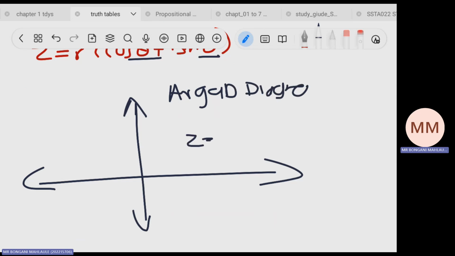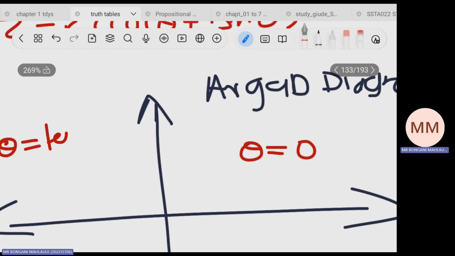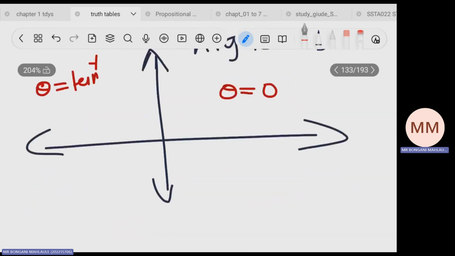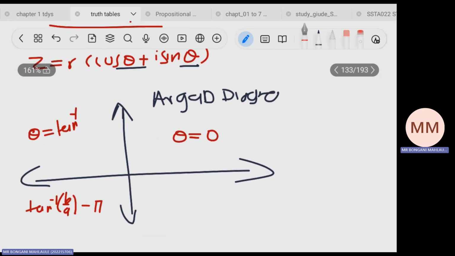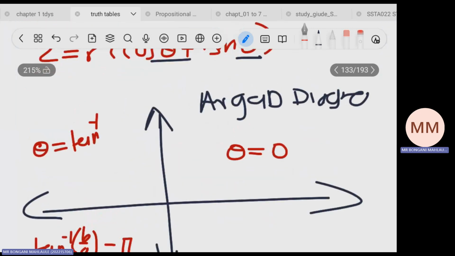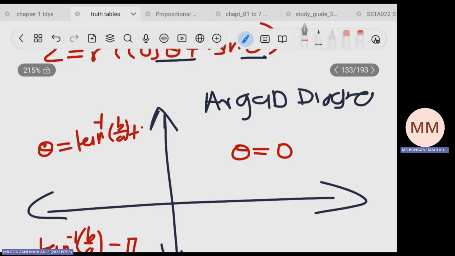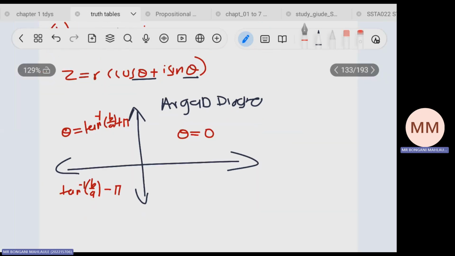So we've got where z is equal to 0, where theta is equal to 0. We have where theta is equal to the arctan of b over a. So this is on the third quadrant, minus pi. Then on the second quadrant, we add pi.